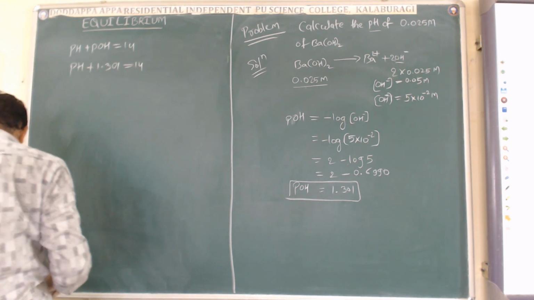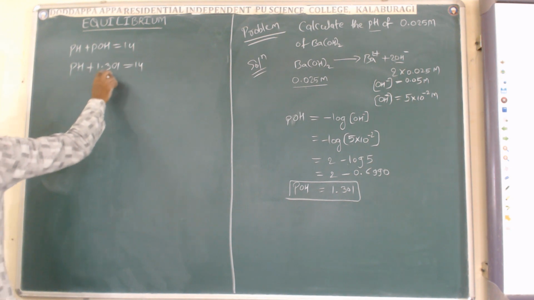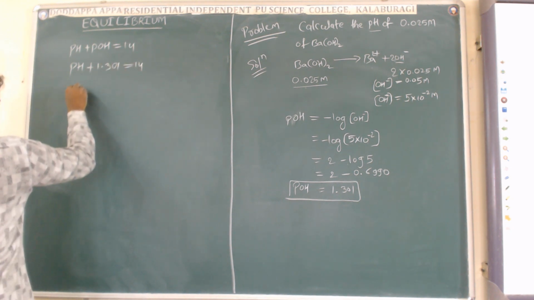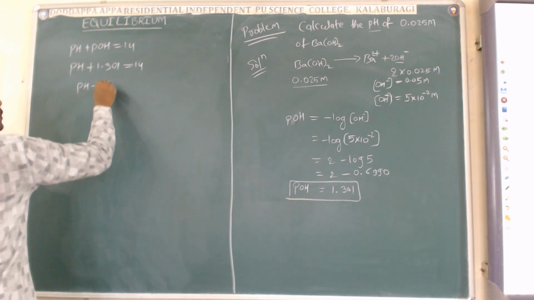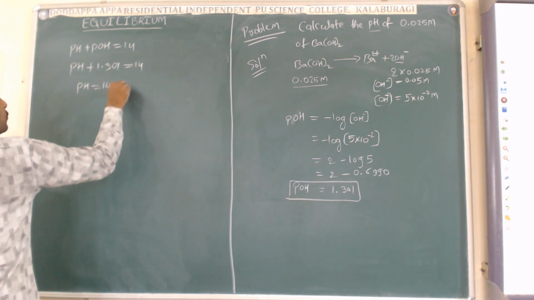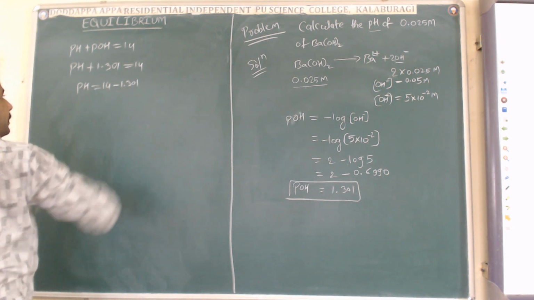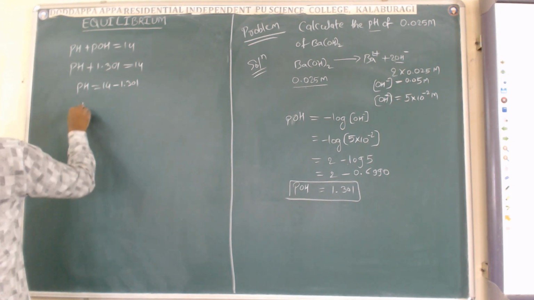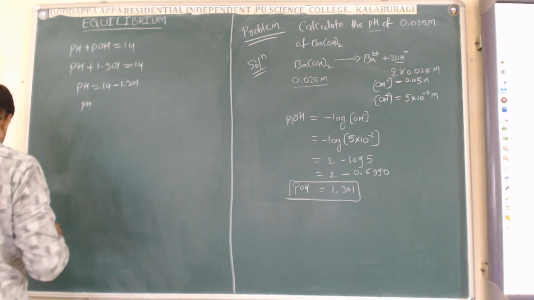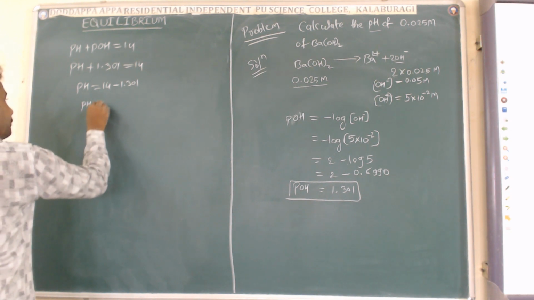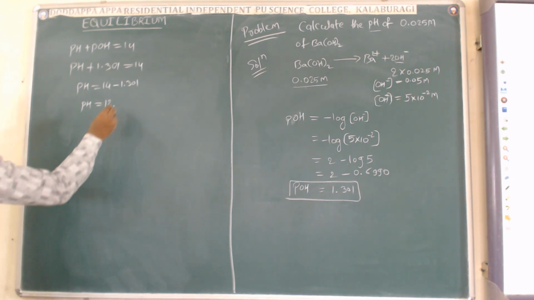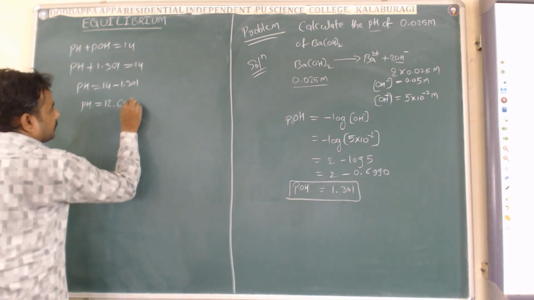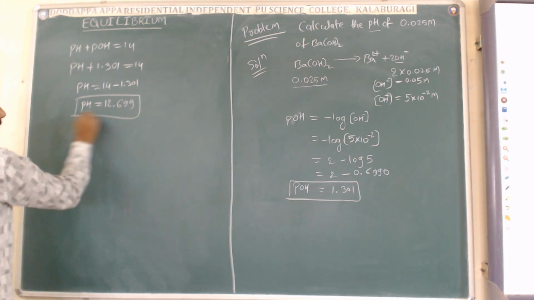If I move this across, pH is equal to 14 minus 1.301. When you subtract, you get pH equal to 12.699.